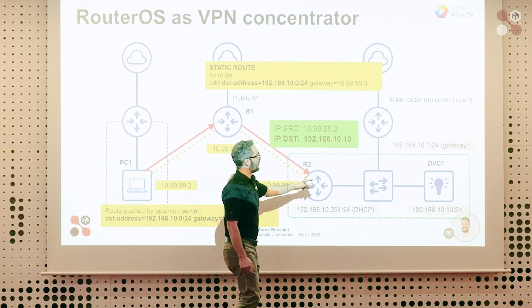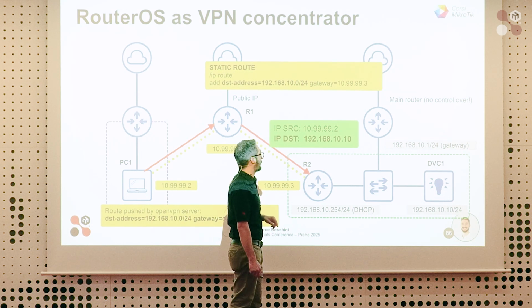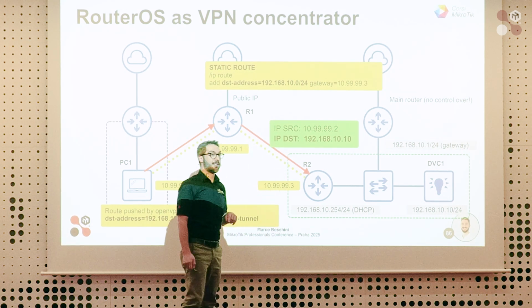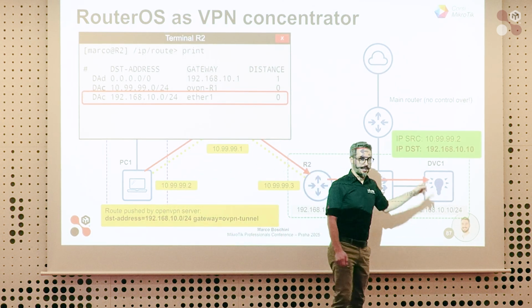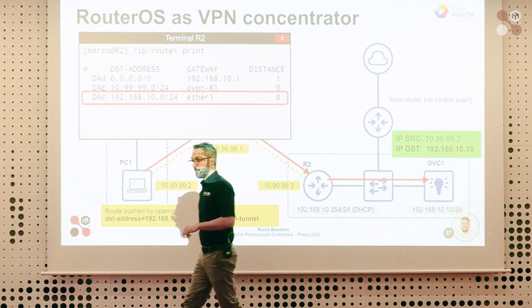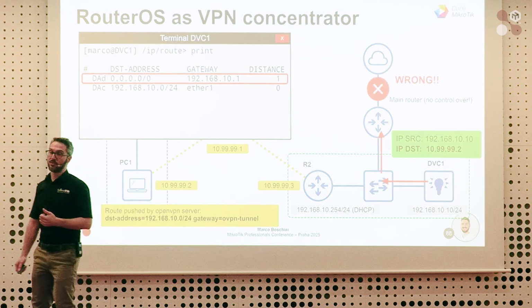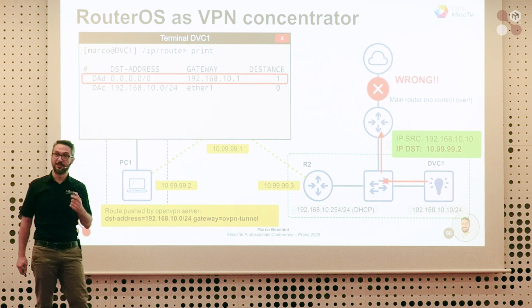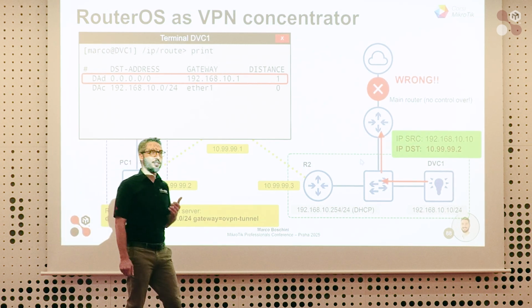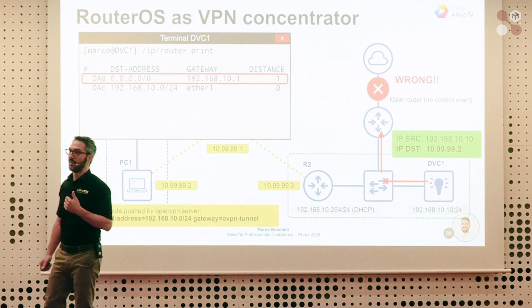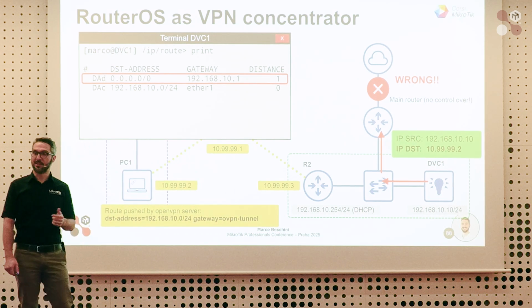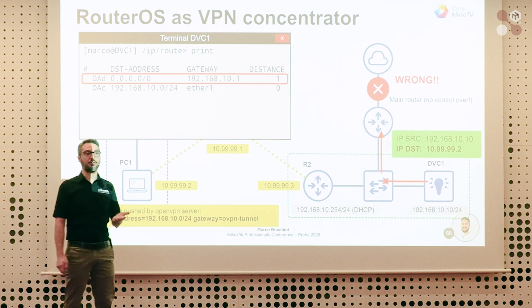Router 2 knows the path to reach the device because it has dynamic, active, and connected routes, and sends out the packet to the final device. But the final device, when trying to respond back, sends the response to the default gateway because the original IP is outside its network, and the communication doesn't work.